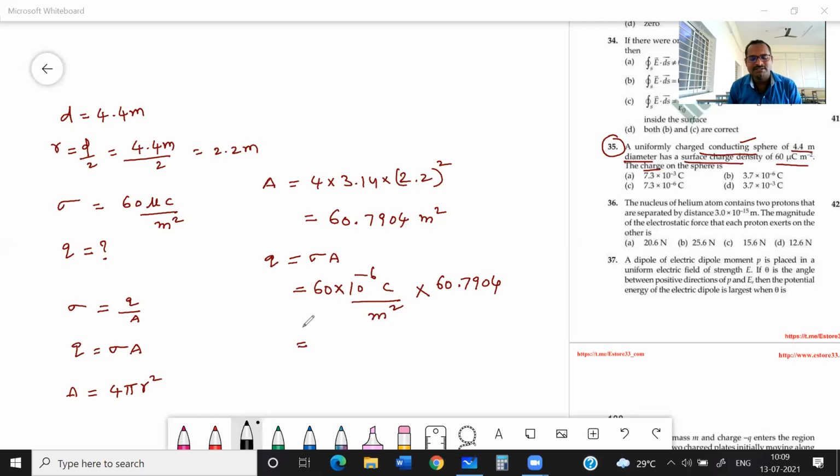Let us multiply these two. 60.7904 multiplied by 60, you will get 3647.4 into 10 to the power of minus 6. Here it is meter square, so the meter square cancels, and the unit is coulomb.